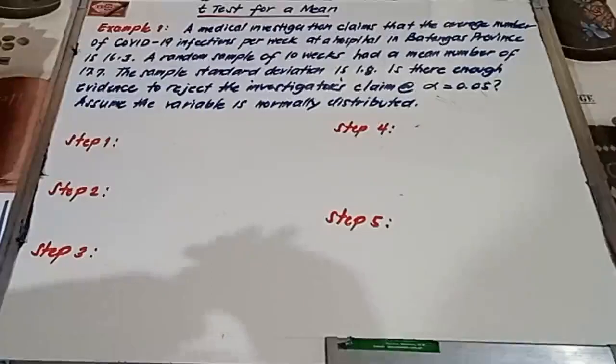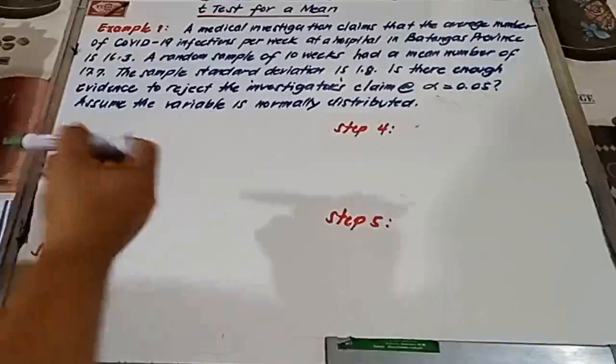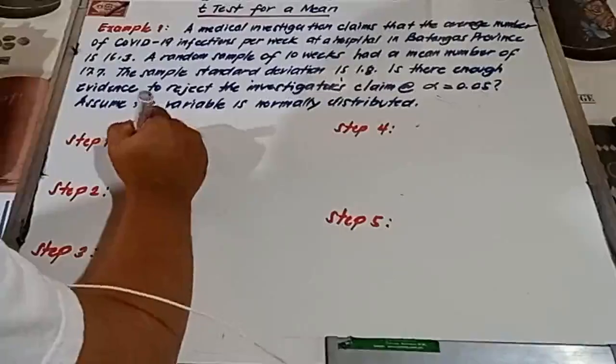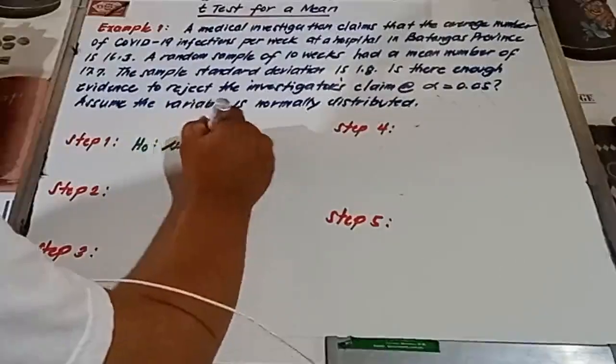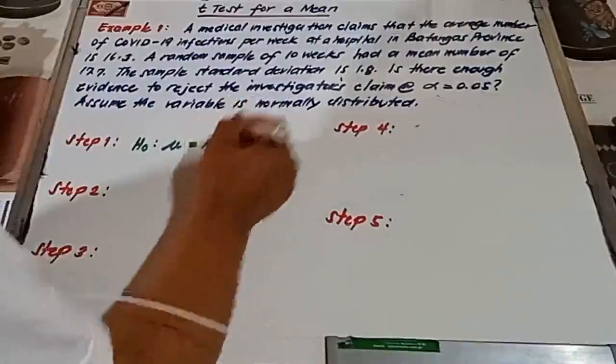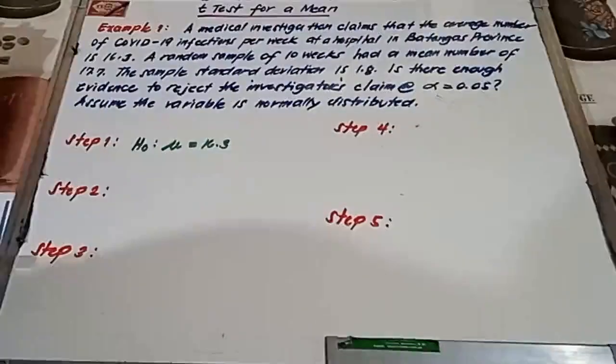So therefore, ang ating null hypothesis is no difference, meaning mu equal to 16.3. So that is our null hypothesis. Mu equal to 16.3. And walang nakalagay dito, walang keyword para siya ay maging directional test. So therefore, this is a two-tailed test.